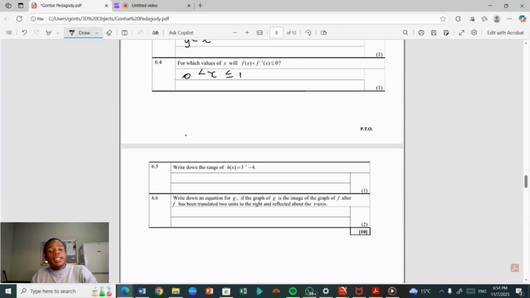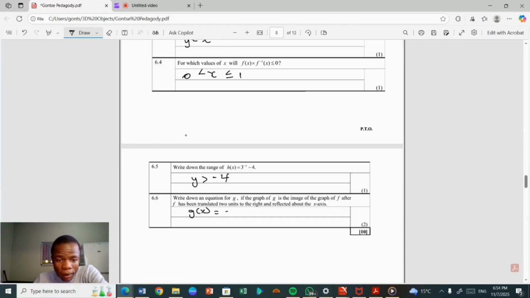Okay. Then they said write down the range of h of x is equal to 3 to the power of negative x minus 4. So our range will be y is greater than negative 4. Then here they said write down the equation of g if the graph of g is the image of the graph of f after f has been translated 2 units to the right and reflected about the x-axis, right?